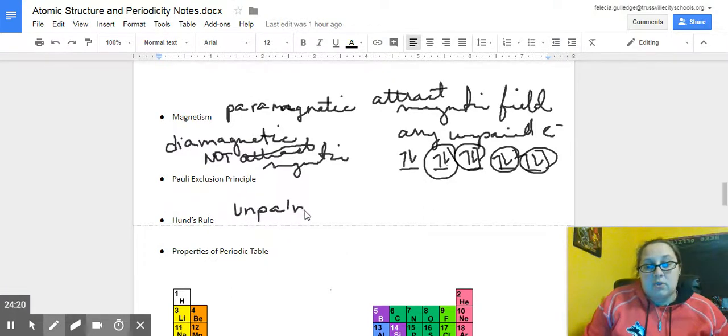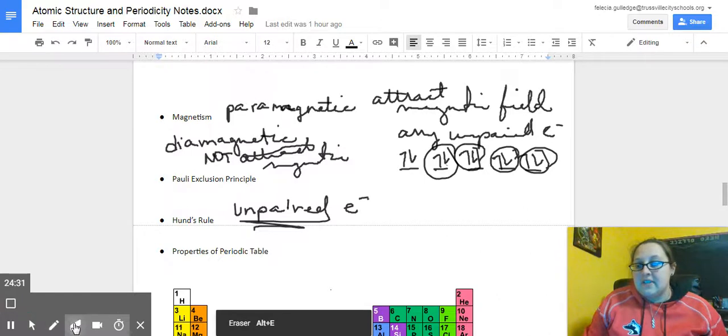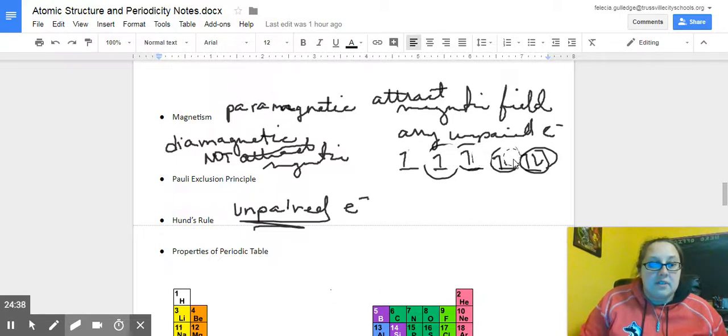So for Hund's rule, we want unpaired electrons. That is the most stable arrangement. So that means that the most stable arrangement for something in the D block would be this, a D5. You have no paired electrons here, right? It would attract a magnetic field, right? But I have no electrons that are in the same thing.